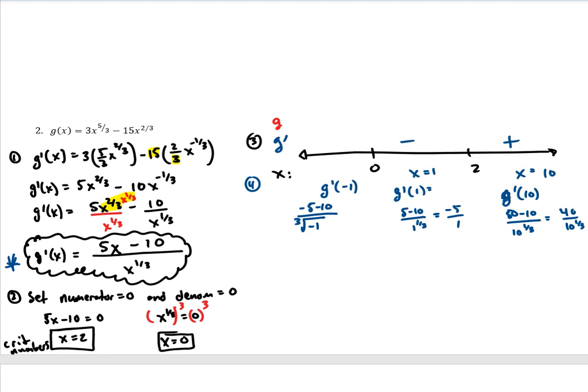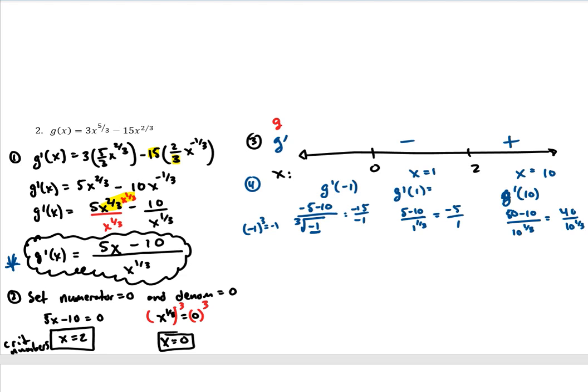And this becomes negative 15 over, well, the cube root of negative 1 is negative 1, because negative 1 times itself 3 times is still negative 1. You can check that: negative 1 cubed is negative 1. That's how you check your answer with these. This cubed is what should be under that. Or again, you could just use a calculator and it would work just fine.